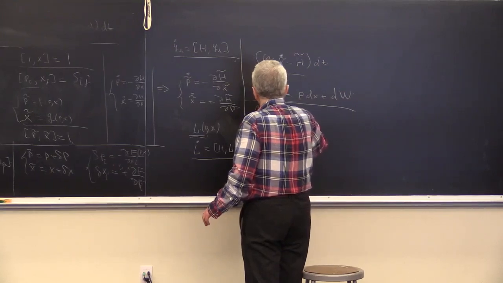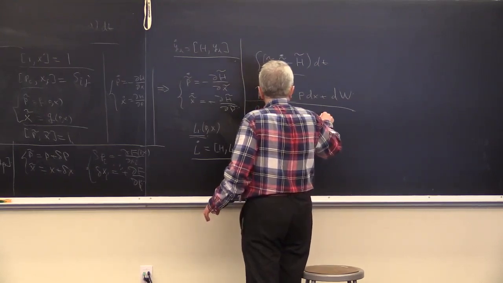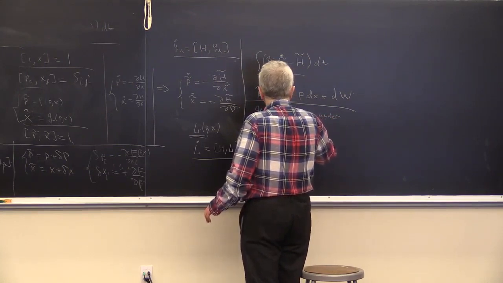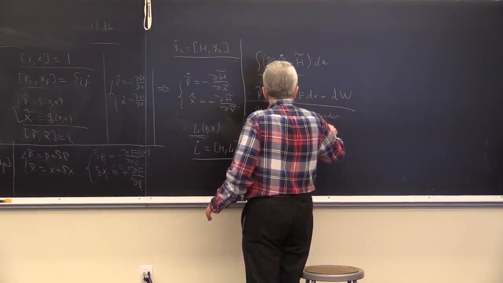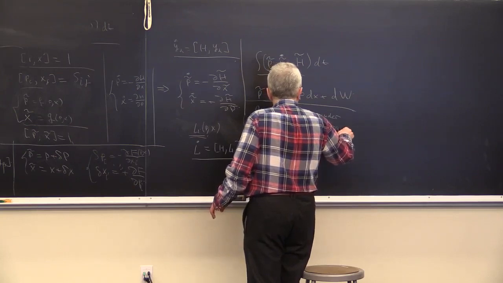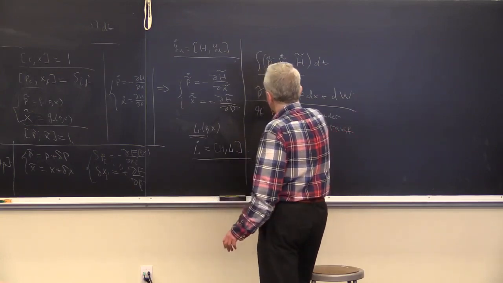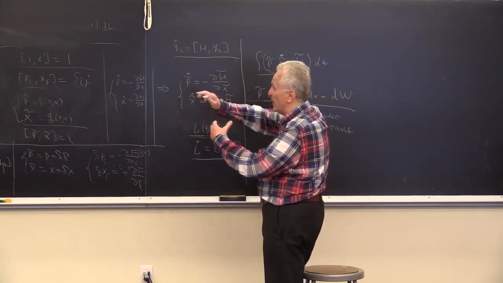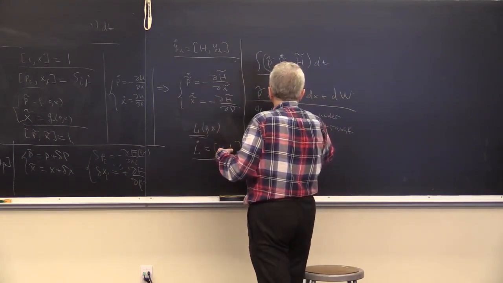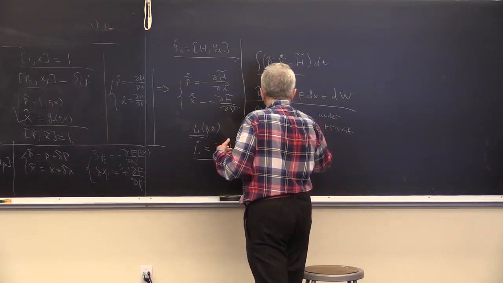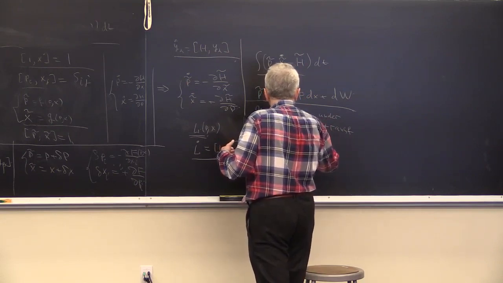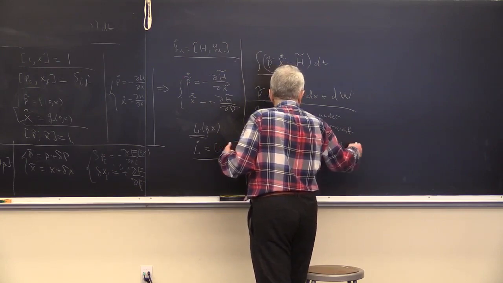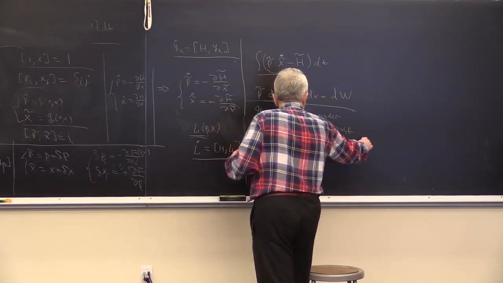If H is invariant under a canonical transformation, this is a purely geometrical fact, that this function H is unchanged under particular canonical transformations generated by, say, function f, or whatever you call it.